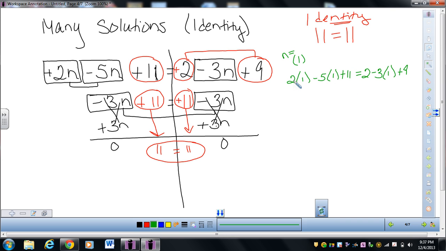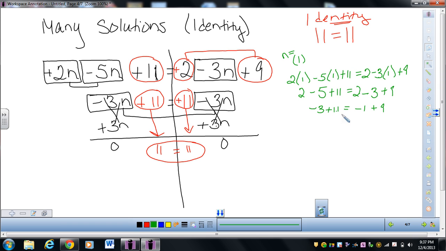We can substitute, okay, so 2 times 1 is 2, minus 5 times 1 is 5, plus 11 equals 2, negative 3 times 1 is negative 3, plus 9.